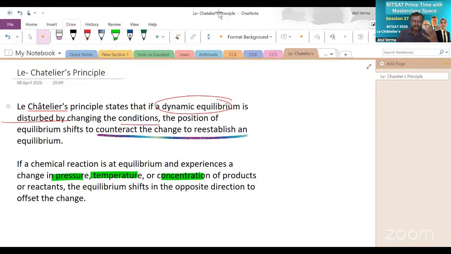What is essentially to be understood is that first, a system should be at a dynamic equilibrium. Why dynamic? Because reactants keep on going to product and products keep on going back to reactant.